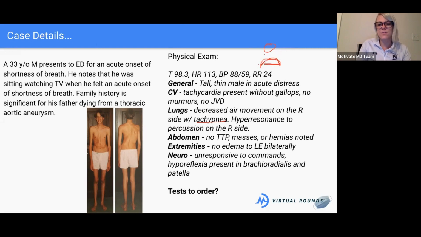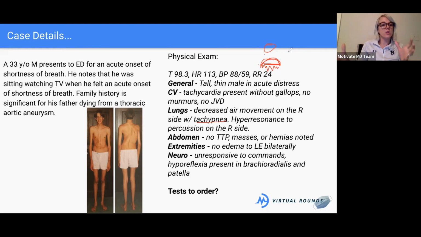Another test that we do. So here's a bunch of fluid, and here's air. We know that the air is going to rise. A test that we do is we percuss on the top. You'll hear it hyperresonant because that's air. You'll percuss around, and then it will be dull down at the bottom where the fluid is.